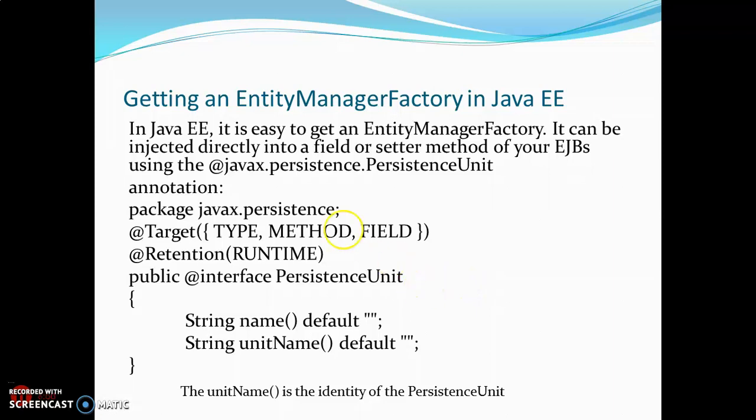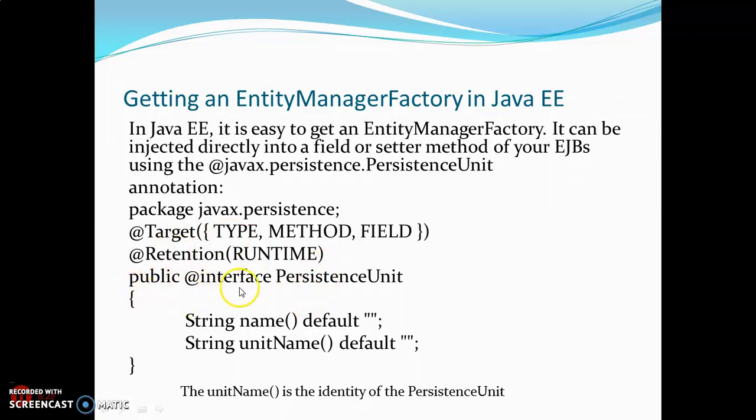So for enterprise applications to work with this, we can make use of the javax.persistence annotation, wherein we use the target type with the method and the field, and the retention must be specified. It must be retained at runtime or class time or whatever it is, depending upon the scope of that particular code.